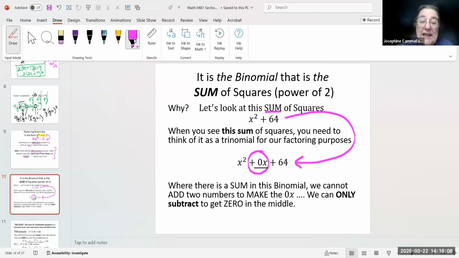And the reason for it is we cannot add two numbers to make the middle term, which is 0x. When you add two numbers, unless they are zeros, five plus five is not going to give me 0. The only way is if we can subtract to get 0 in the middle. And let me prove it to you.